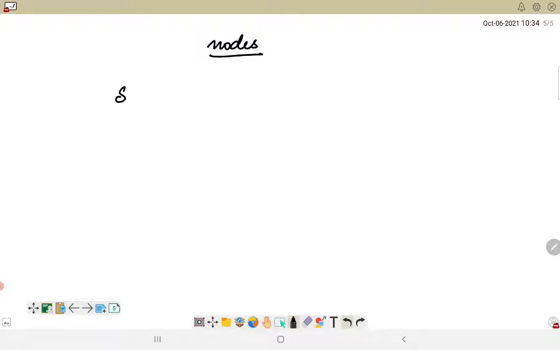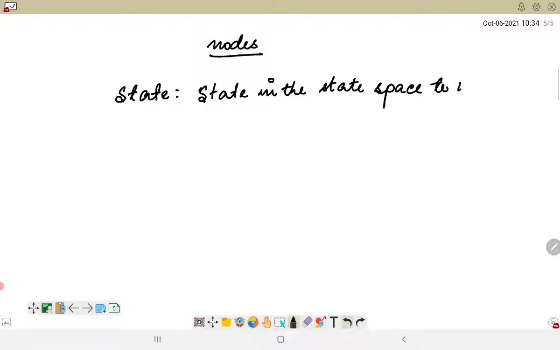We definitely have a state of this node, and this state is basically the state in the state space to which the node corresponds. So it is a node in the state space.